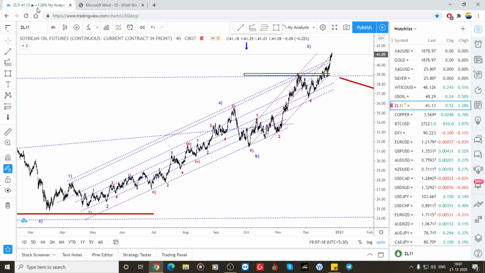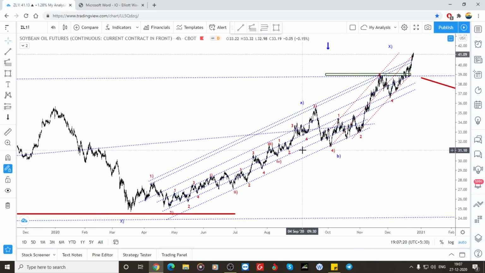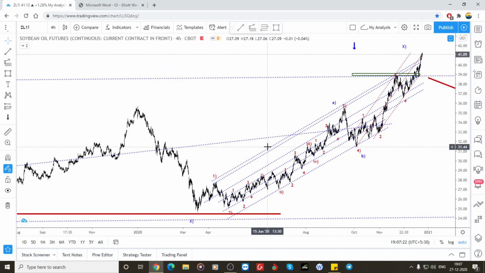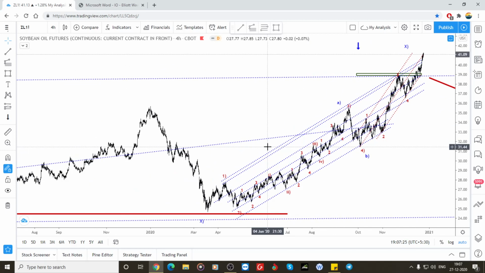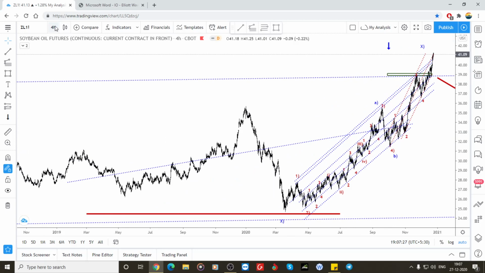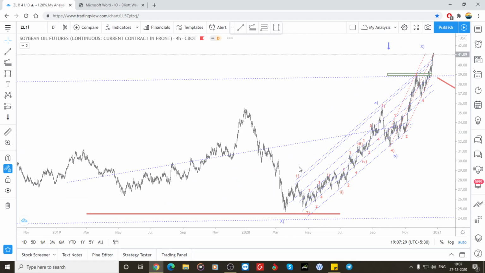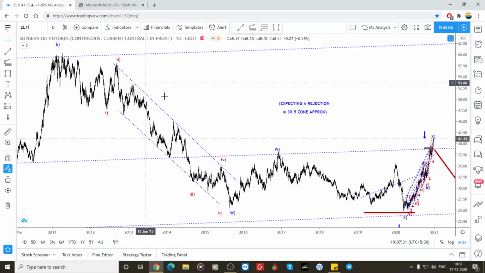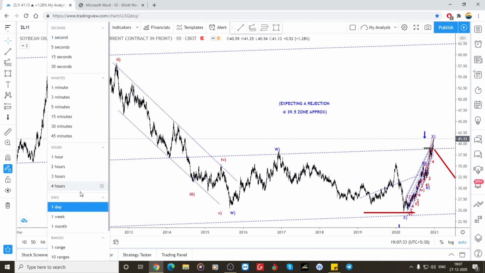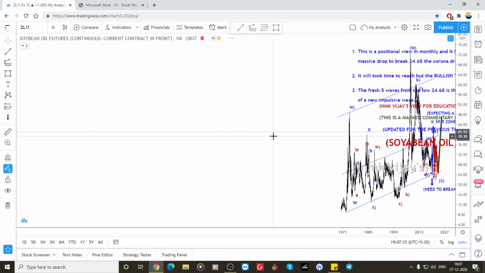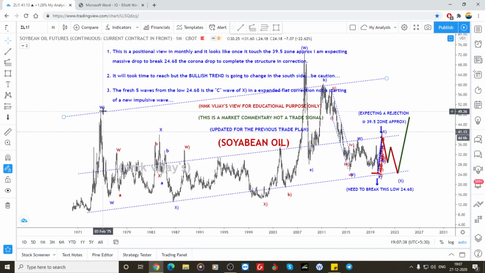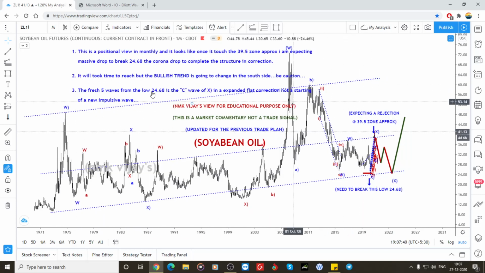I will explain this. For example, this is soya bean oil. I did the previous analysis in monthly, and in that I also drew the channel.